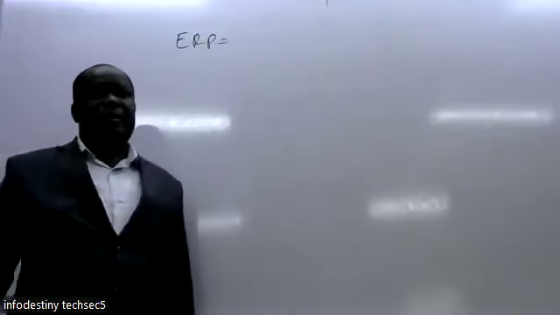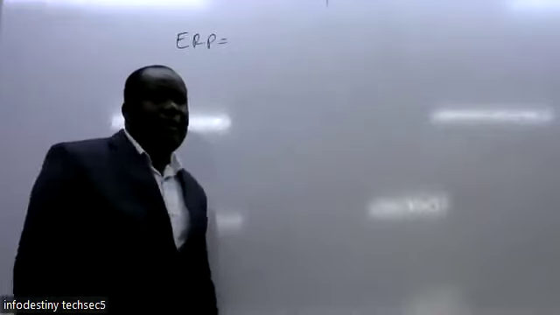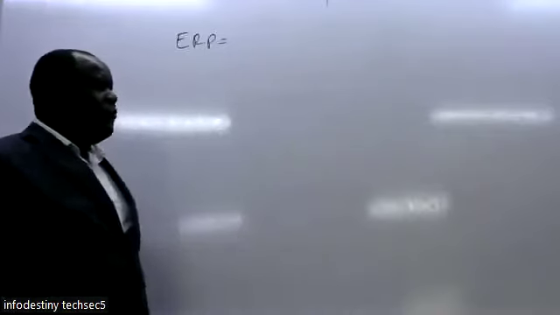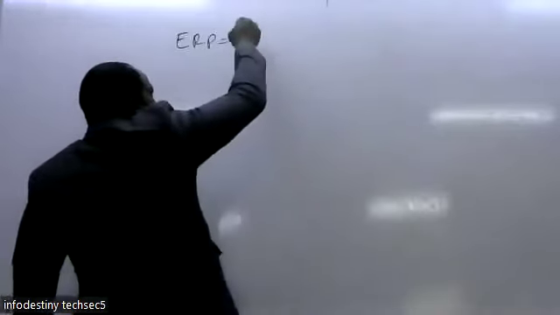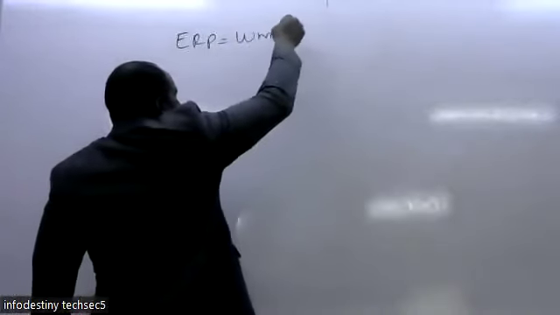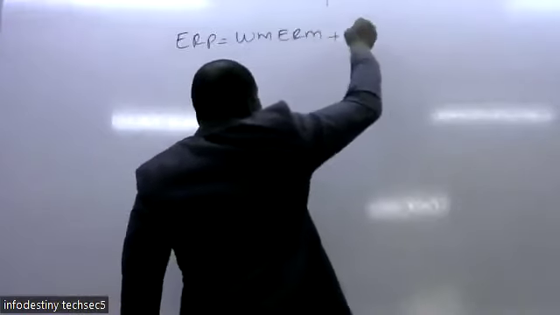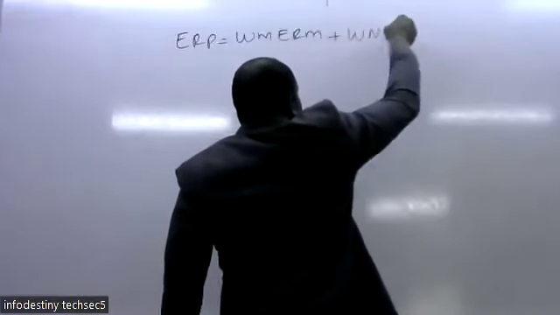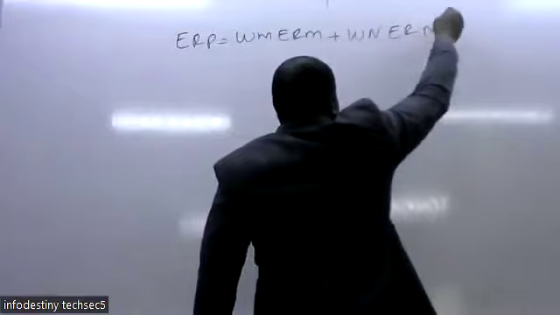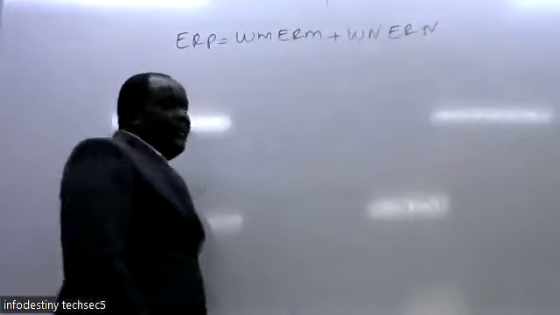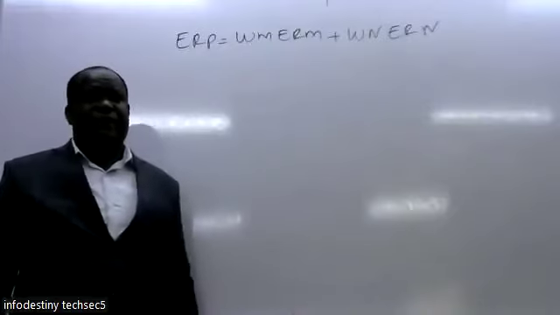As per what we discussed in the previous class, it will simply be the weight of M multiplied by expected return for M, plus weight for N multiplied by expected return for N.